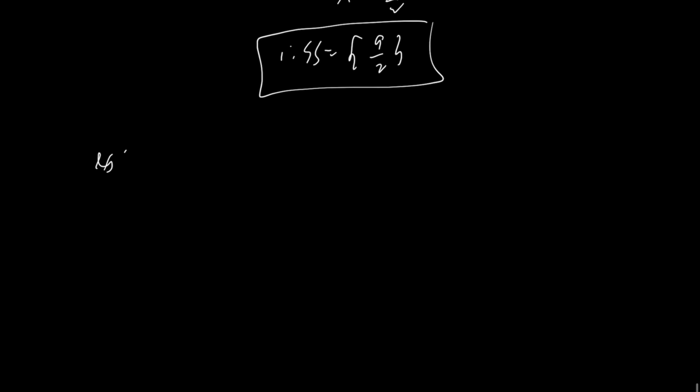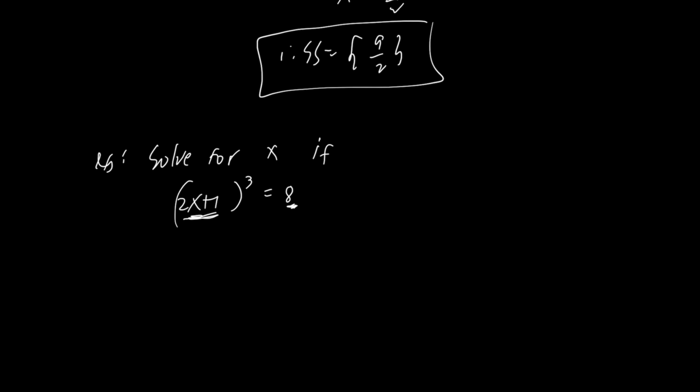Another example. Solve for x if 2x plus 1 cubed equals 8. So in this case, our variable is on the base of the exponential expression, and our 8 here has no variable.